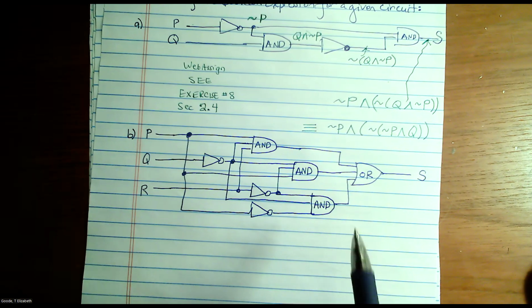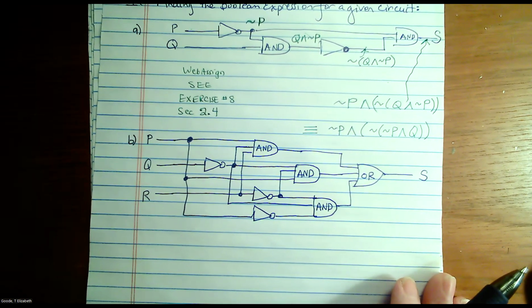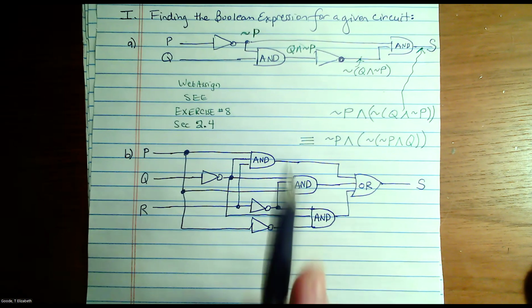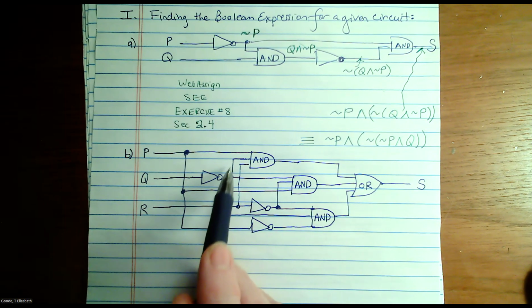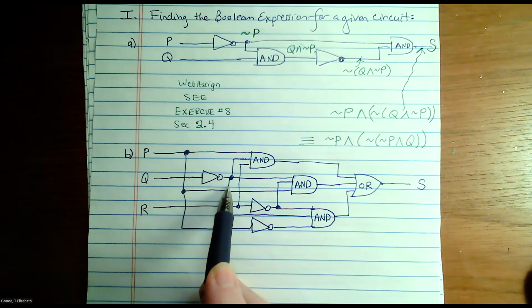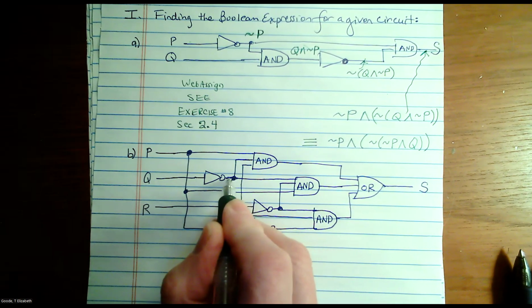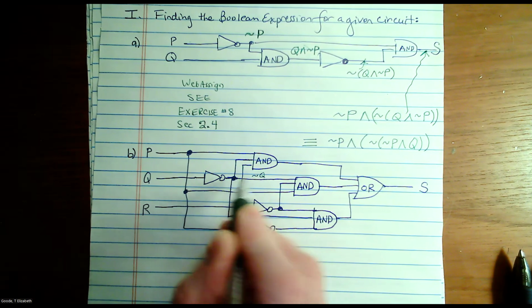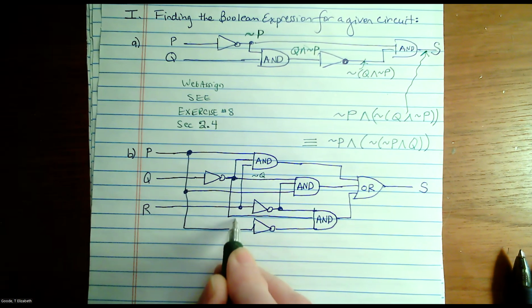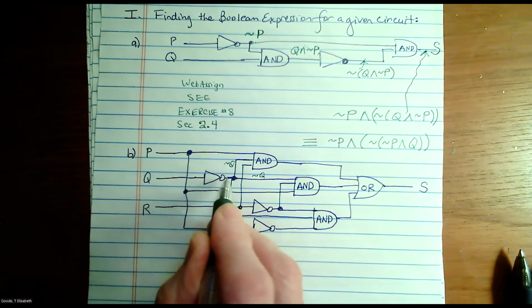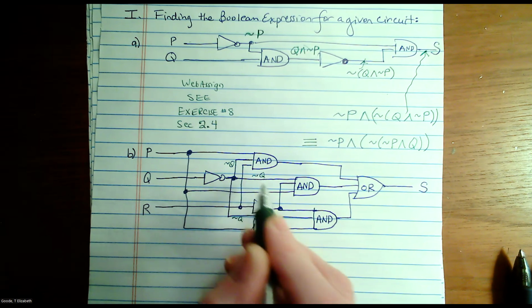Do we start with the Q because its gate is first? You can start by realizing that this wire and this wire and this wire are all not Q wires because they're all touching and they're coming out. This wire that comes out of here is a not Q, but it comes down here, it's a not Q here, but it also goes up in there and it's a not Q up there because these are all coming out of the same NOT gate that Q went into.